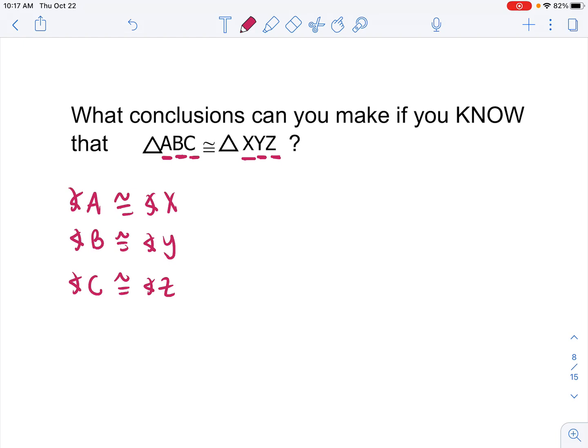So to identify the congruent angles, it's easier to do without a diagram. But drawing diagrams is going to be super helpful.